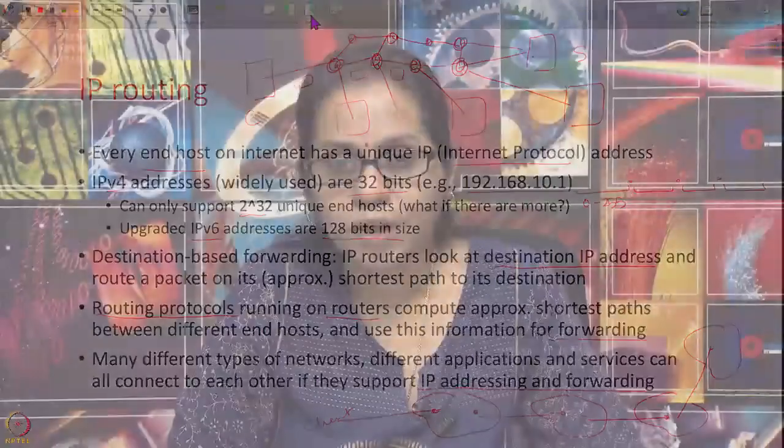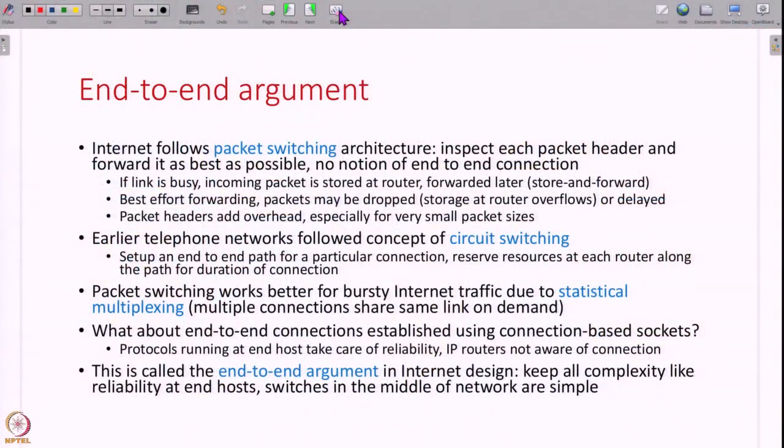Next, I am going to talk to you about some design principles behind how the internet was designed, and some of the thought process that went into designing it. The internet today follows what is called a packet switching architecture, that is, you have end hosts, say your client and server, and you have a bunch of routers, or devices that switch packets along the path.